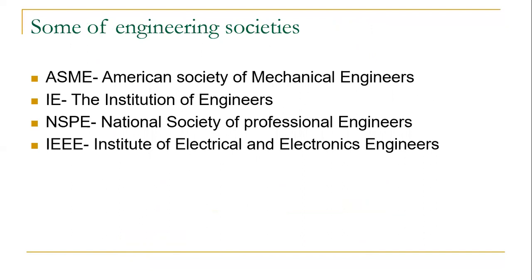The second one is IE, that is the Institution of Engineers. The next one is NSPE, that is National Society of Professional Engineers. And the next one is IEEE, that is Institute of Electrical and Electronics Engineers. Other than that, we have ASCE, that is American Society of Civil Engineers. And next, AIChE, that is American Institute of Chemical Engineers.